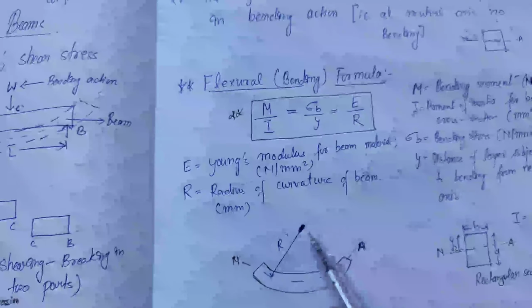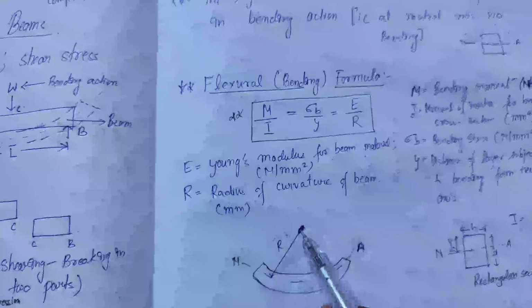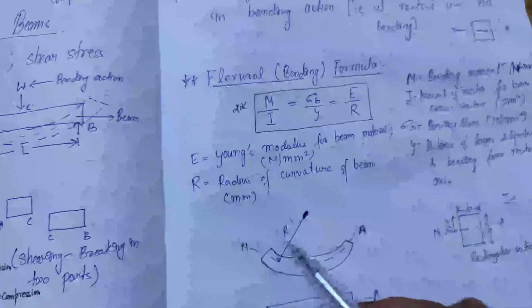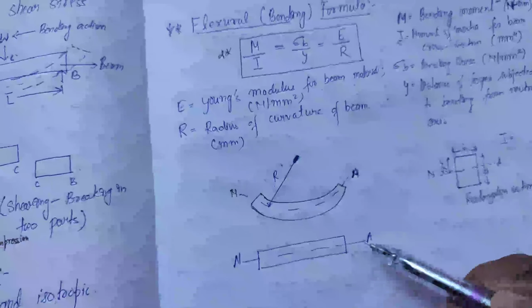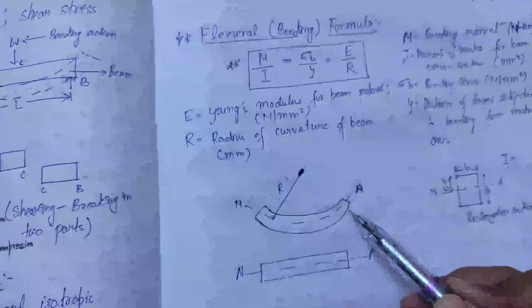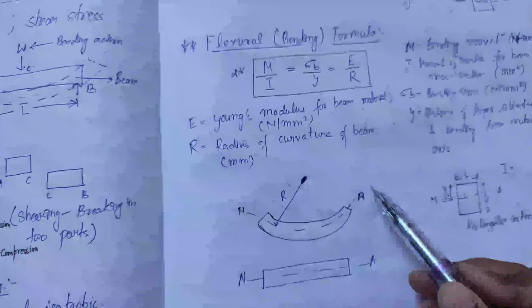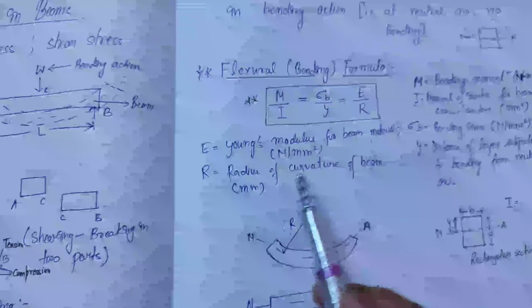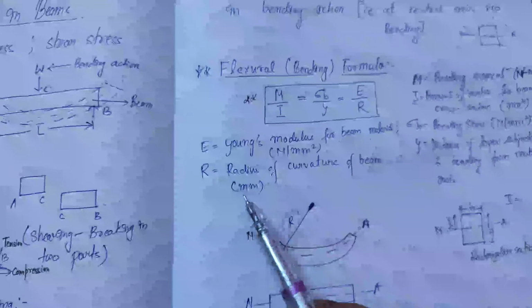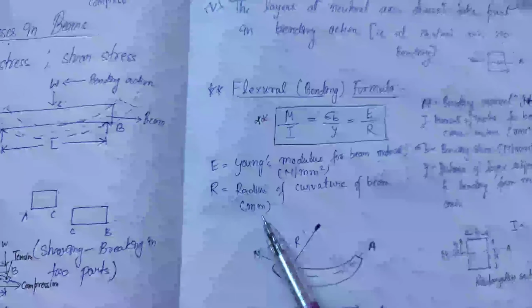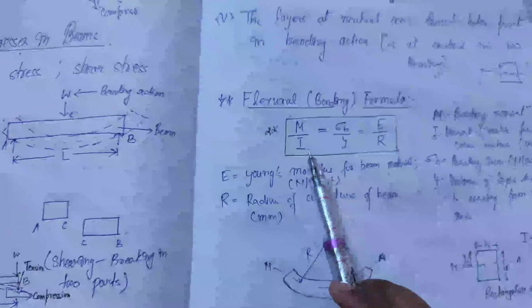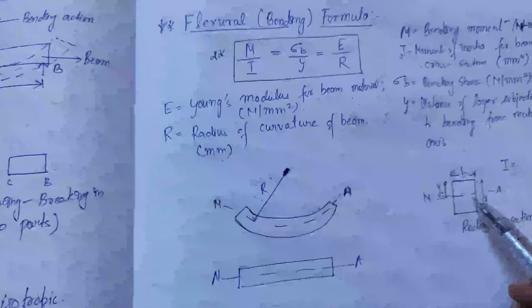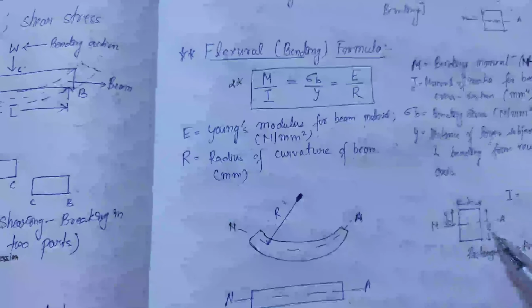This distance is called the radius of curvature of the beam. Earlier my beam was like this; when it deflects, it changes shape. So R is the distance of the neutral axis from the center, known as the radius of curvature of the beam, and it is represented by R.